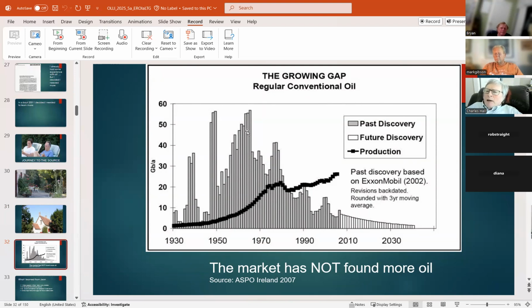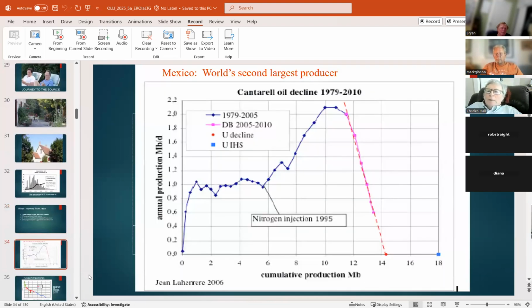The rate at which we were finding oil was decreasing every year, and the rate at which we were using oil was increasing every year. And so, even though the price of oil had gone up considerably during this time period, the market had not found more oil. The amount of oil we were finding was declining regularly.